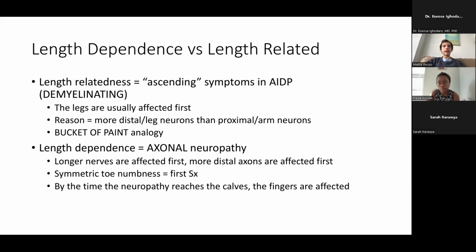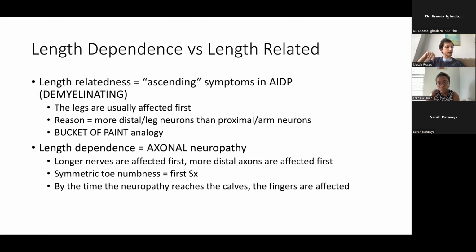If not, we can keep going with one more comment that I wanted to make about the demyelinating processes. Mostly, again, we encounter this in acute inflammatory demyelinating polyradicular neuropathy.